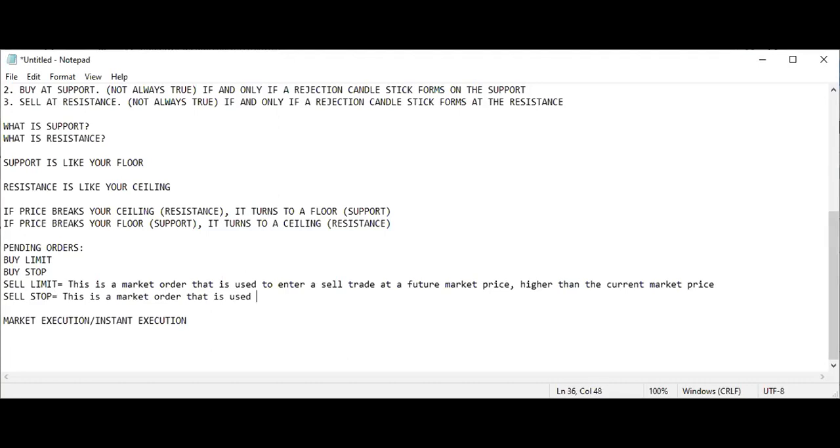It is used to enter a sell trade at a future market price lower than the current market price. All right. Sell limit is when you are to enter sell at a higher price. Sell stop is when you are to enter sell at a what? Lower price. All right.